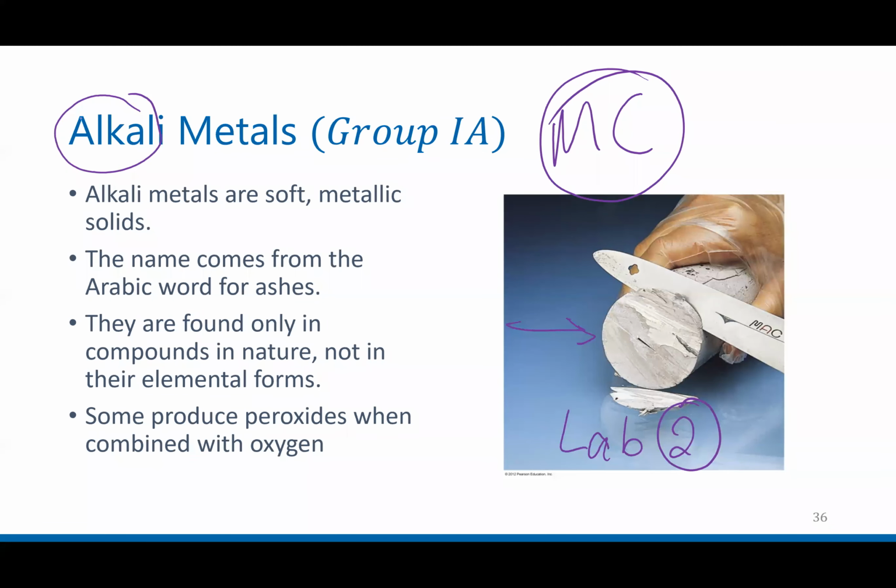I just mean 1,000 years ago, or 1,500 years ago. I don't know the timeline or anything, but a long, long, long time ago, the word stems from the Arabic word for ashes. And again, I cannot verify that, but that's what most of the research I've done has said. They are found only in compounds in nature, never in their elemental forms.